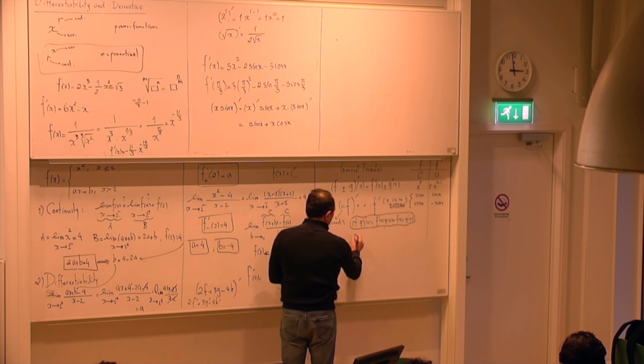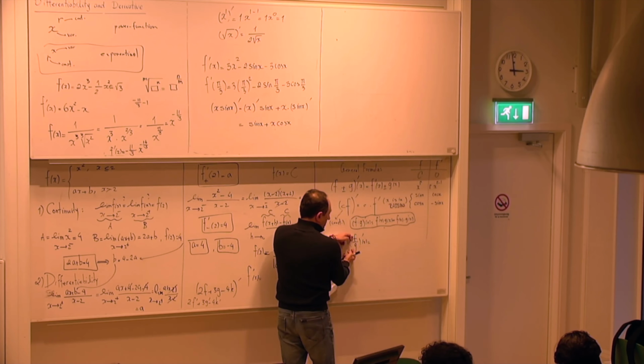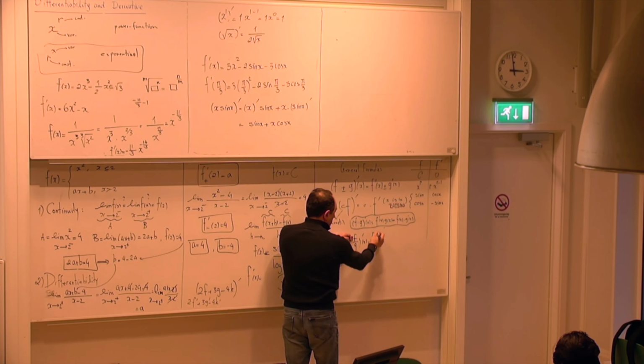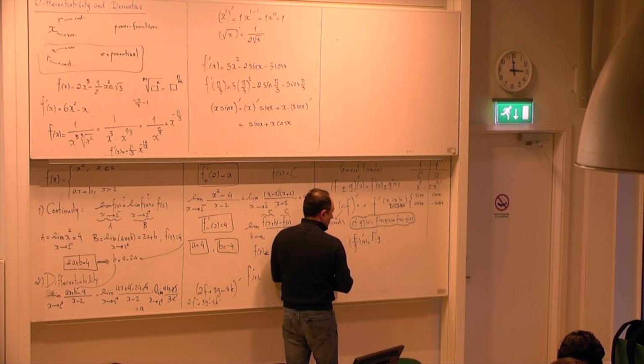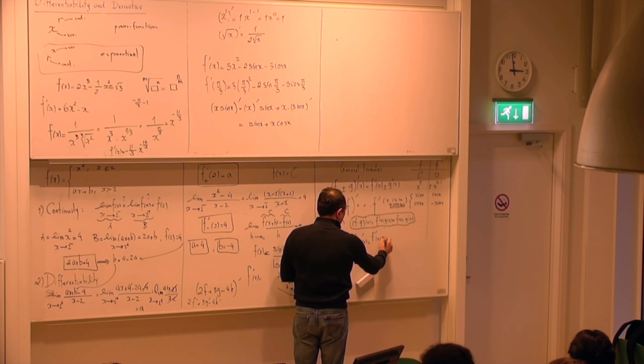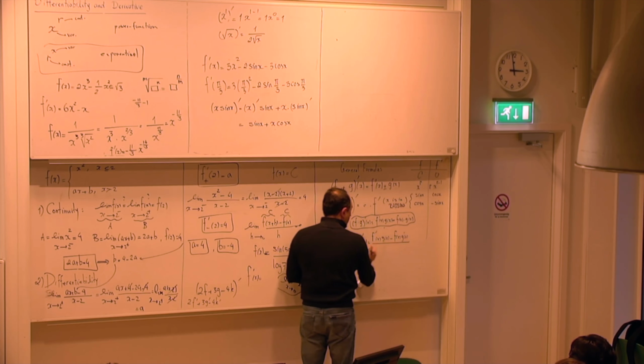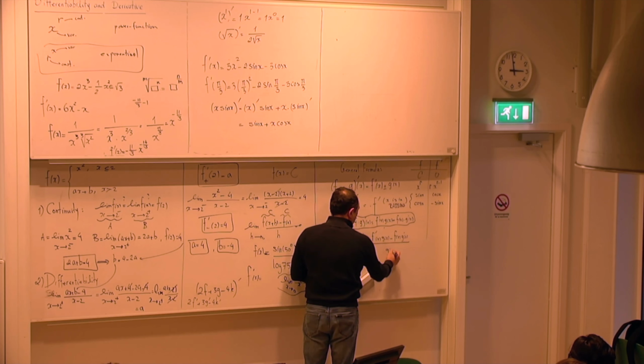So f over g prime, if I want to differentiate a fraction, the rule is the derivative of the numerator multiplied by the denominator itself. So let me write x here. Minus the other way around. And divided by the denominator to power 2.